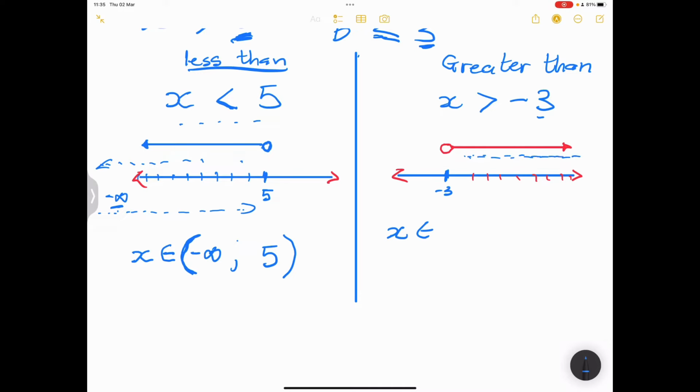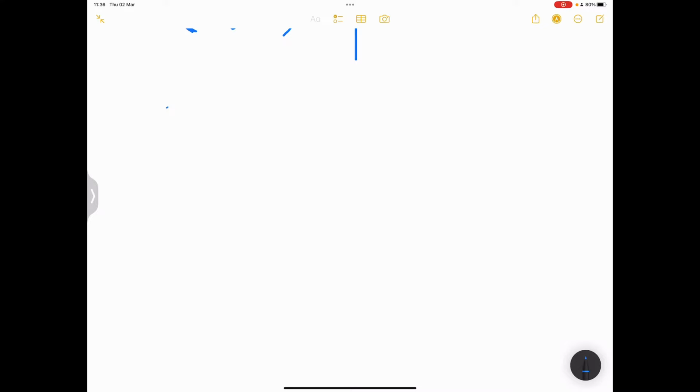But of course, we just spoke about when we use the symbol less than or equal to. So this simply means less than or equal to. What does that mean to us? Let's take a value.